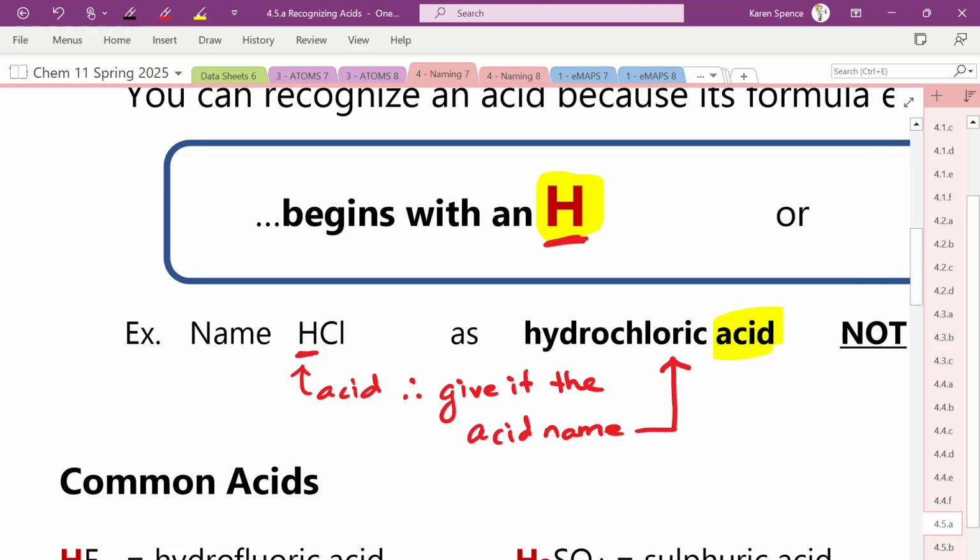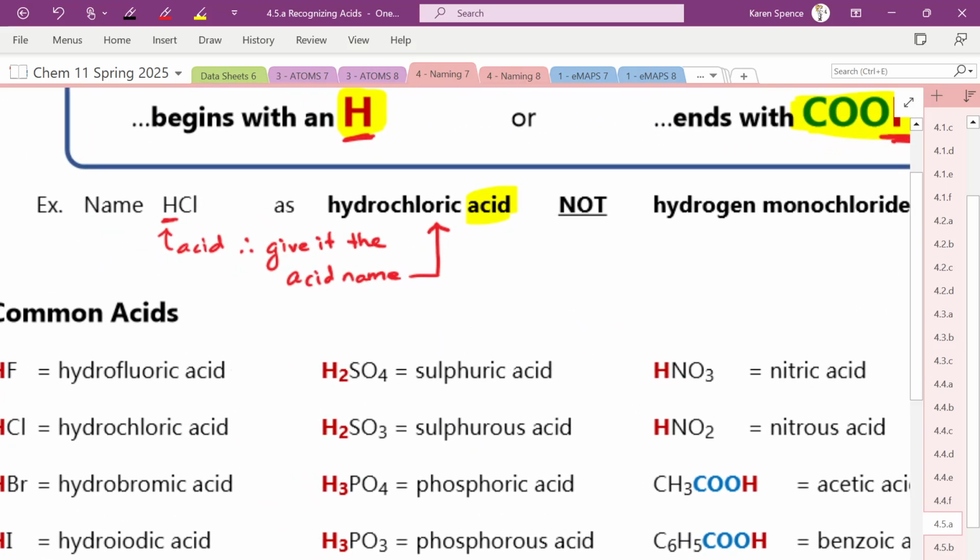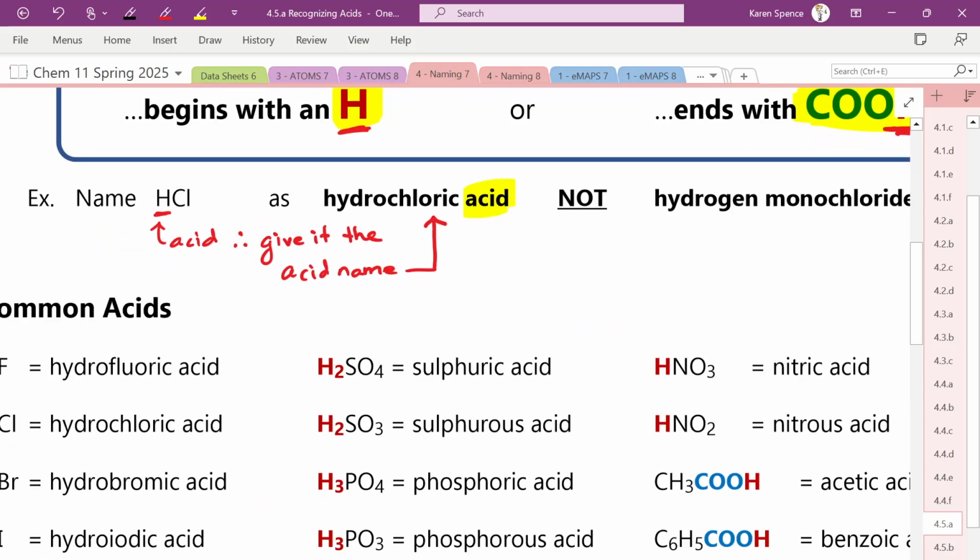Okay? You're not going to use the covalent naming system, hydrogen monochloride, because it's not just a regular molecular compound. It is an acid, and acids have a special naming system. Okay?